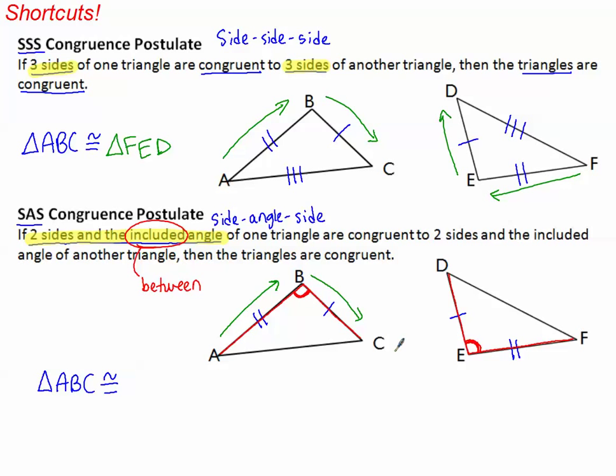Same idea that we did in the previous example. Follow the same path by looking at the marks. So once again, triangle FED. The point that we want to see here is that we have a limited amount of information. This time it's two sides congruent to two sides. The included or in between angle congruent to the included angle.